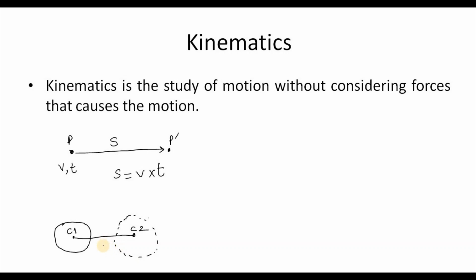So the total distance traveled can be calculated if we know the number of revolutions of this wheel times 2 pi r, where r is the radius of this wheel. So this is again an example of kinematics without considering the forces acting on this wheel.